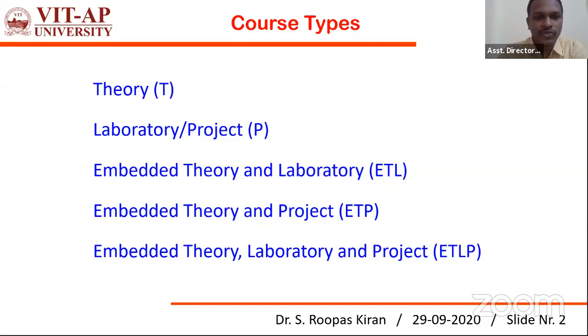Embedded theory and project means project and theory components are present in that course. And the other type is theory, lab, and project, where all three components will be present. So we have this variety of courses in the campus, and whatever registrations you are doing for different courses, they belong to one of these.